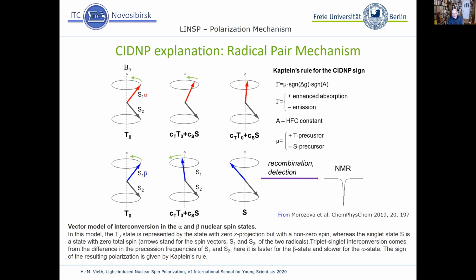And that leads in the recombination products to more spins pointing down, giving a negative NMR line, and the positive NMR is smaller than the negative, and you see an enhanced negative NMR line in your spectrum.